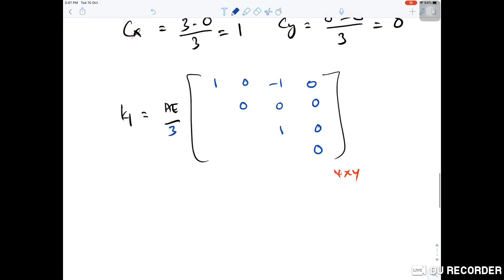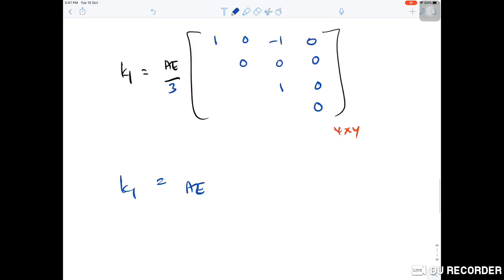So what we get is K1 is equal to AE. Since we must remain AE as constant, we simplify this. It is 1 divided by 3, which is equal to 0.333.